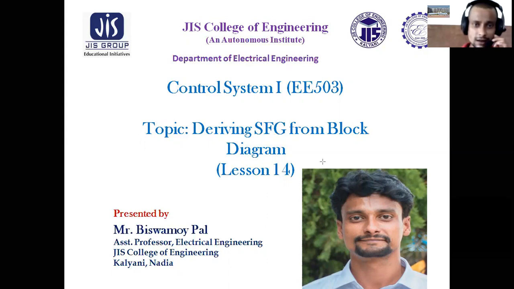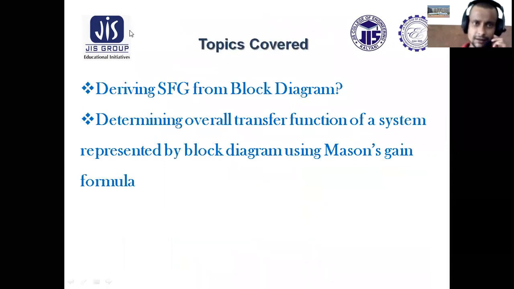So in today's class, we'll be discussing how to get signal flow graphs from a block diagram, and then we'll apply Mason's gain formula to the obtained signal flow graph to get the overall transfer function or transmittance. So let us start with the topics to be covered today. In the next slide, see what we are going to discuss. We are going to derive the SFG from a given block diagram of a particular system.